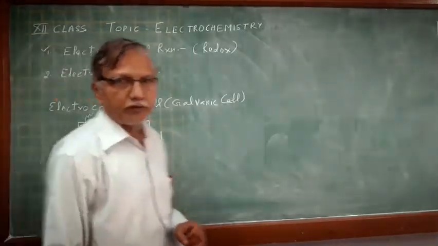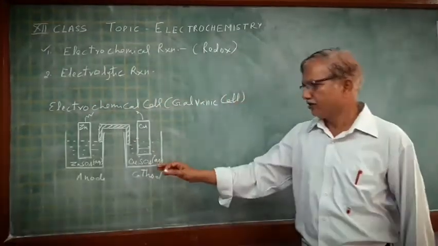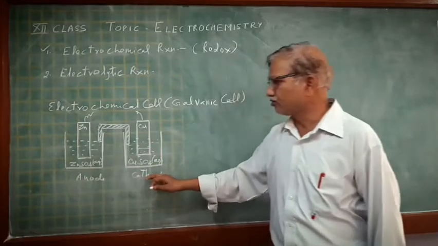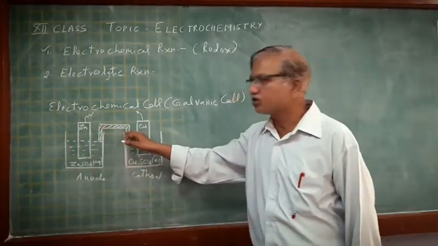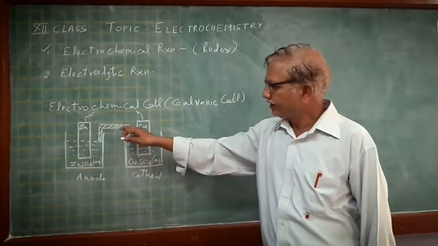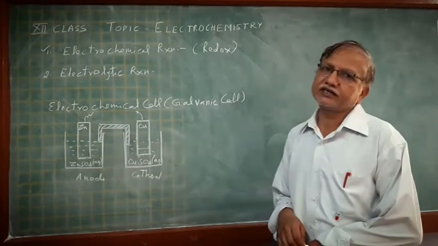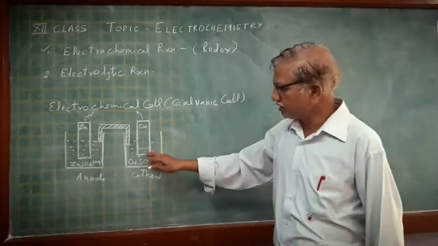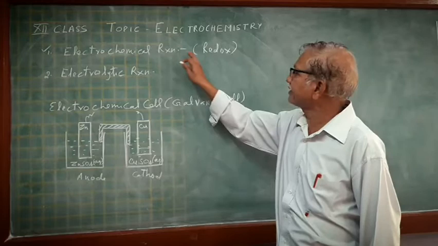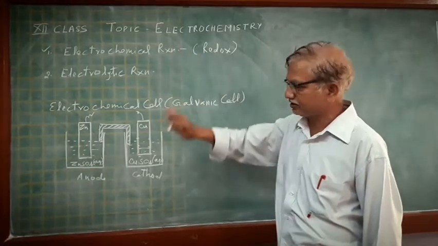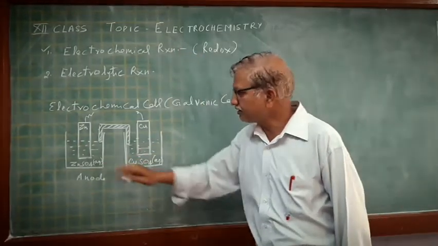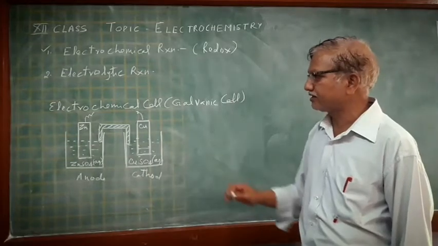When the copper electrode and zinc electrode, both cathode and anode, are connected through a salt bridge, they can produce electric current. Now this electrochemical reaction is used in the electrochemical cell, the galvanic cell.